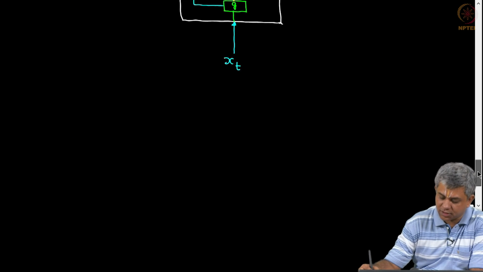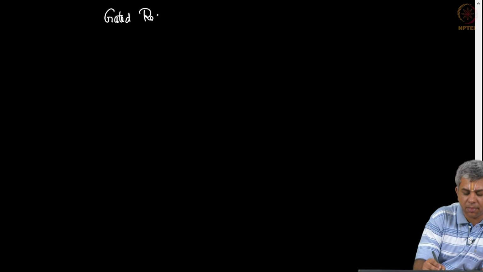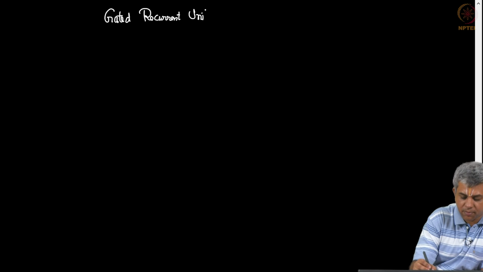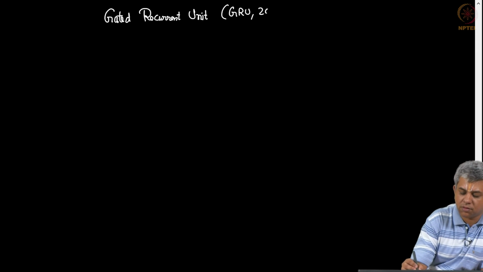What is in practice is the usual gated recurrent unit, it is a small variation of what we had in simplified GRU. So, this I will call the full gated recurrent unit.